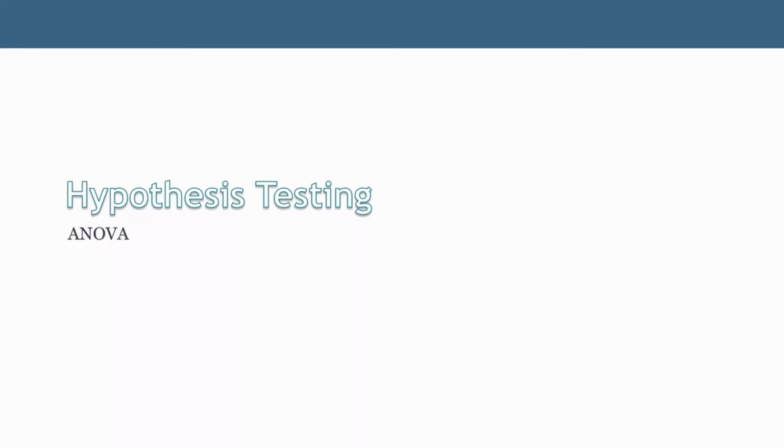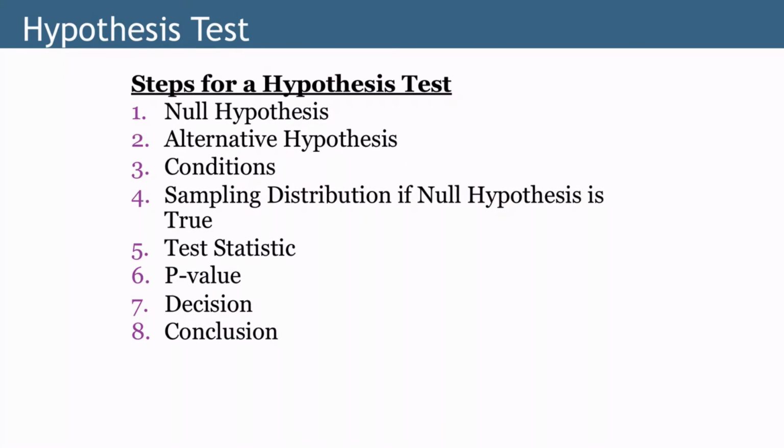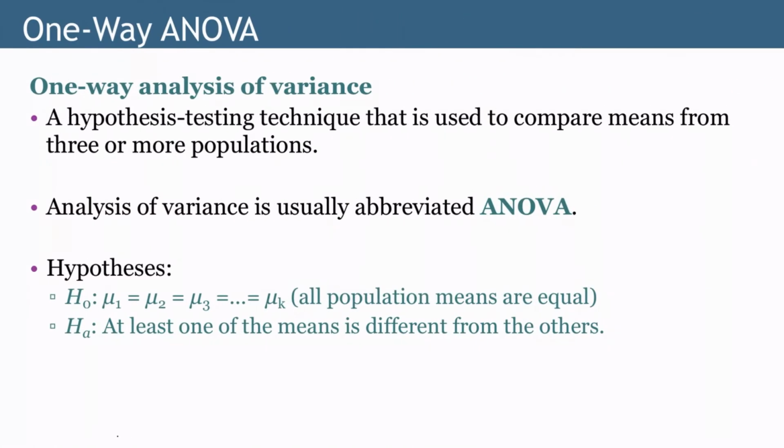And so let's just go ahead and go through the hypothesis test. So same 8 steps as all of our hypothesis tests. And in this case, the null always says they're all equal. So all the means for all the groups are equal. And so the easiest way to do that is just mu1 equals mu2 equals mu3 up to how many groups you have.